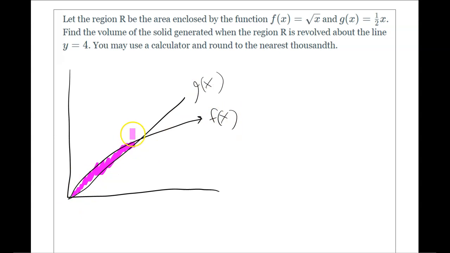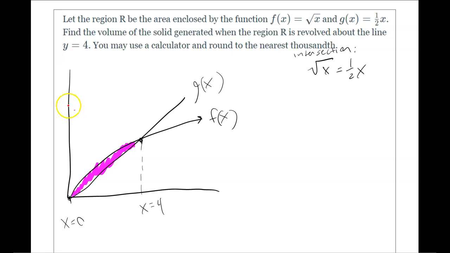And here is our region R. Now, we would want to find this intersection point. That intersection point happens at x equals 4. And you know how to find that on your calculator at this point. And then there's another intersection at x equals 0. You could also solve the equation here for your intersection. And then we're asked to revolve about the line y equals 4.